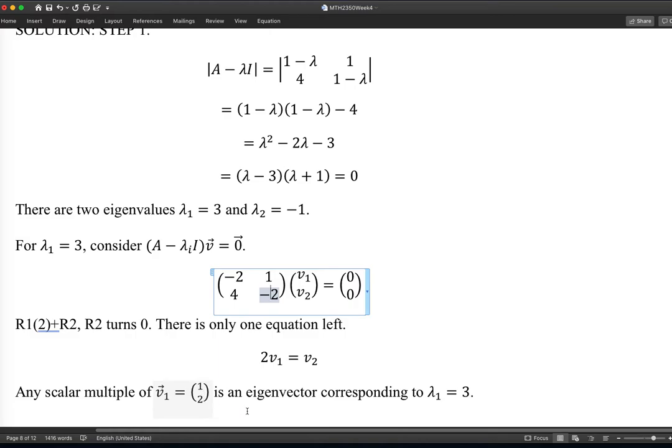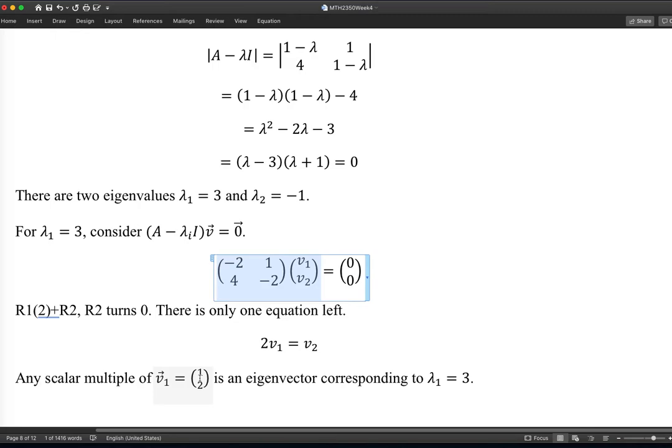So (1, 2) is an eigenvector corresponding to the eigenvalue 3. And don't forget, any scalar multiple of this vector could be an eigenvector here, since the system always has many solutions. For simplicity, I'll say this is an eigenvector.